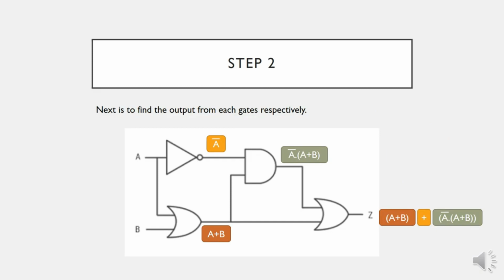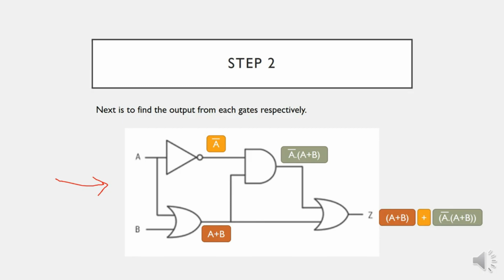The next step is to find the outputs from each gate respectively. The easiest way is to start from the input side, which is A and B. Normally the input will be on your left.